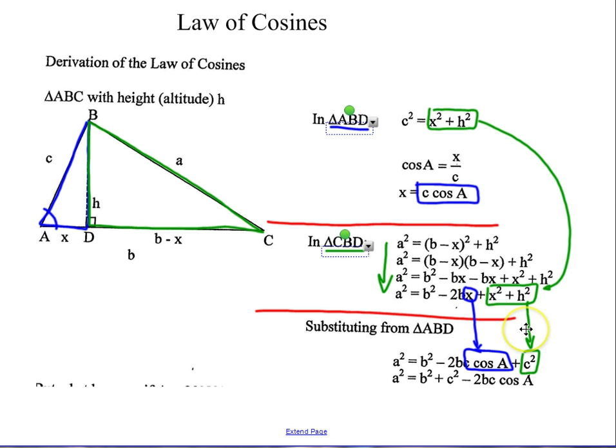Next, in place of x, since x is equal to c cosine A, I'm going to substitute c cosine A. And hopefully you can see that this second to last line is the same as the last line. We've just reordered the terms. I took the c squared and put it in the middle. There's your law of cosines right there.